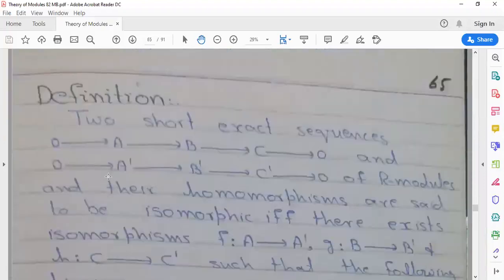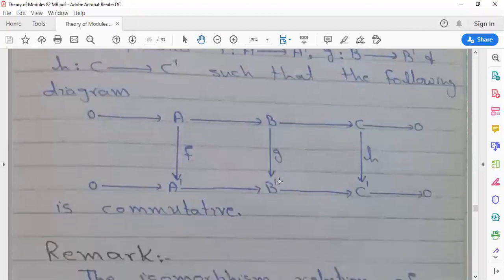These two short exact sequences are said to be isomorphic if there exist three functions f from A to A', g from B to B', and h from C to C' that are isomorphisms, then the diagram commutes.